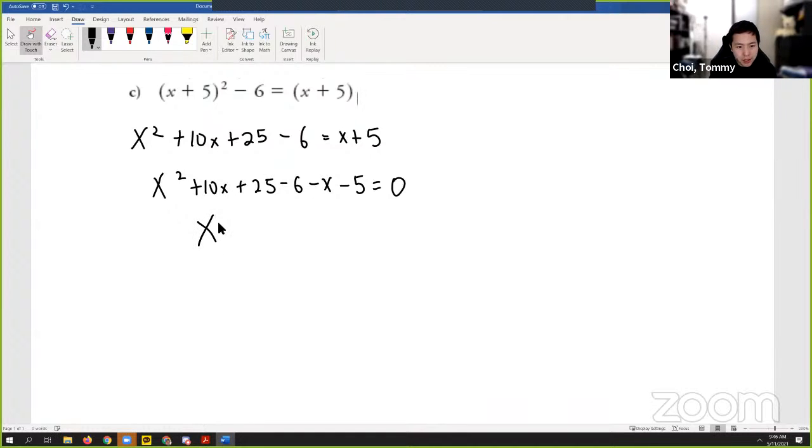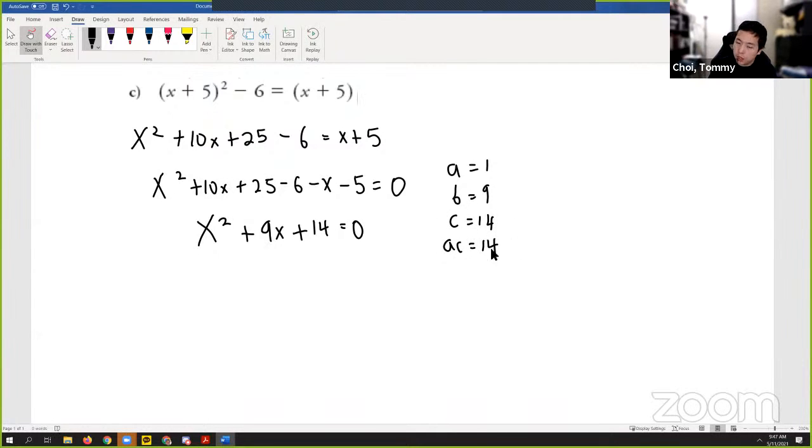We then collect like terms, and we're going to be left with x squared plus 9x plus 14. Okay, which gives us a is equal to 1, b is equal to 9, c is equal to 14, and ac is equal to 14.